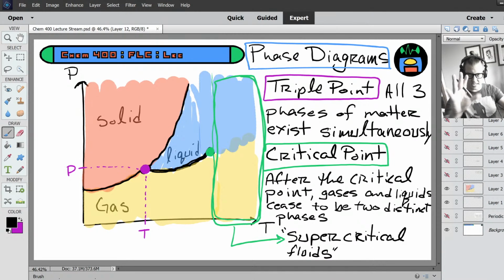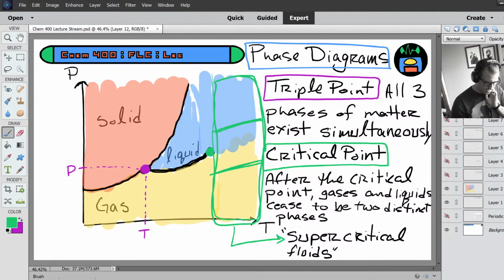The higher the pressure is, the more dense they'll be, they'll behave more liquidy. The lower the pressure is, the more gaseous they'll be, but there's no longer any clear separation between liquids and gases. And specifically, in this region is where you find the supercritical fluids tend to be mostly in here.